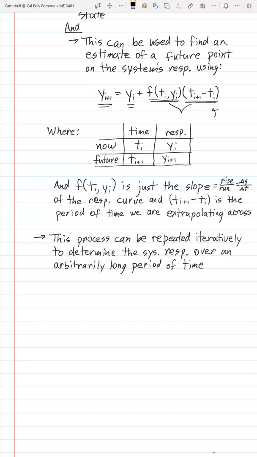As we start to get further from that known point, clearly errors are going to creep in, because each time we are extrapolating, we're not getting a perfect representation of the system response itself. And so each time we're getting an estimate, and then the next one an estimate on top of an estimate, and then the next point an estimate on top of an estimate on top of an estimate.